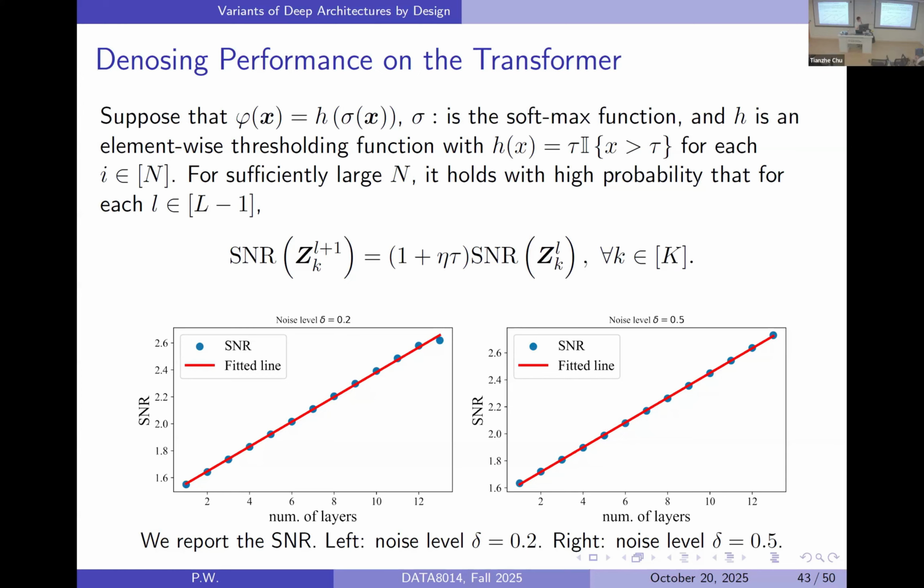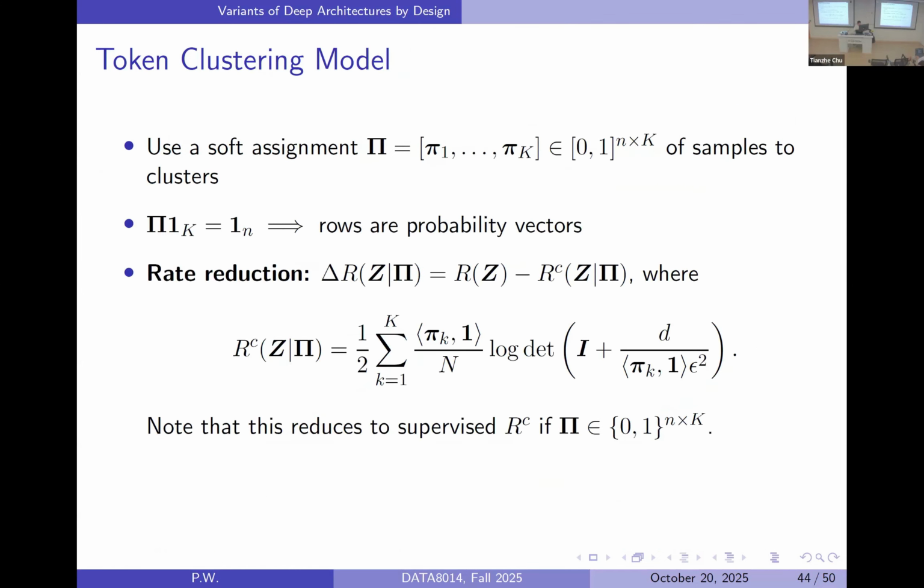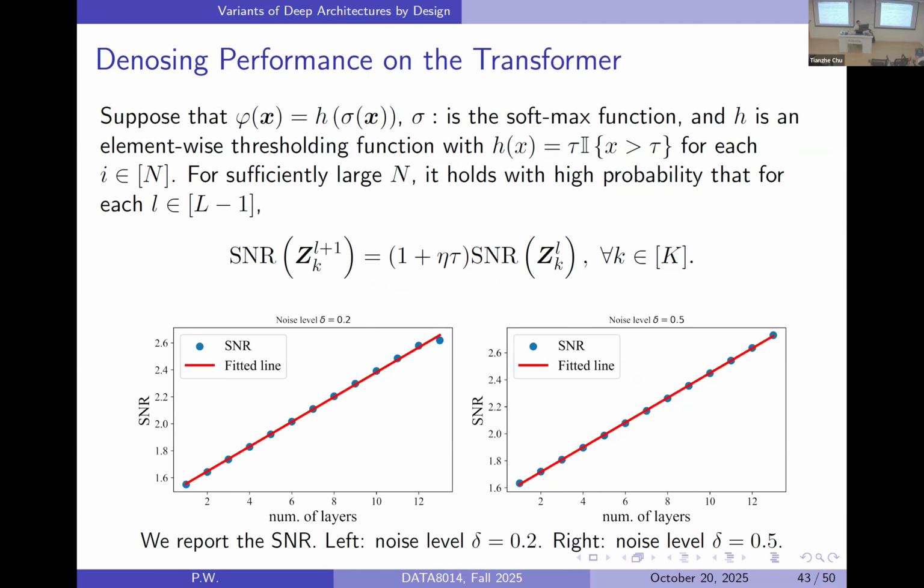We show that each layer of this white-box transformer based on the multi-head subspace self-attention is doing denoising, increasing this signal-to-noise ratio layer by layer at a linear rate, right? Okay. That is the attention-only transformer.